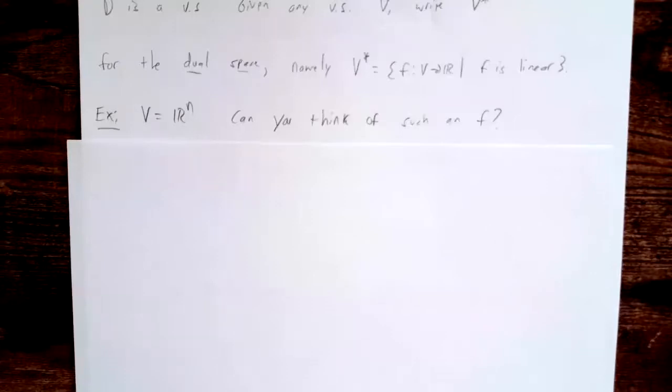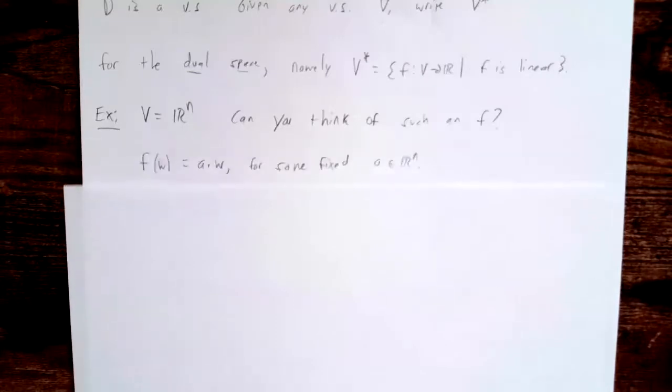So in fact, if V is equal to Rn, you can prove that every linear functional is a dot product with some vector. Yeah, so in fact, that's my next line. So typical elements of the dual space in this case are dot products with some fixed vector.